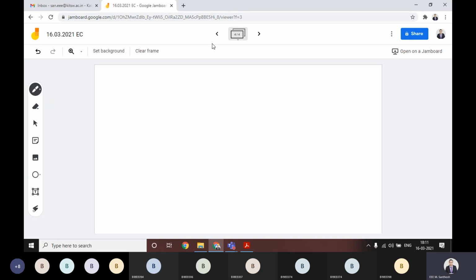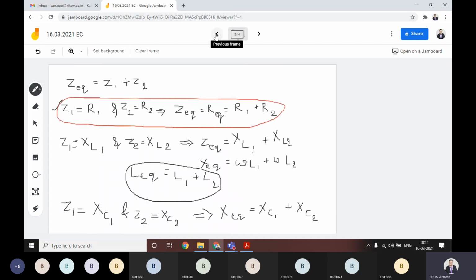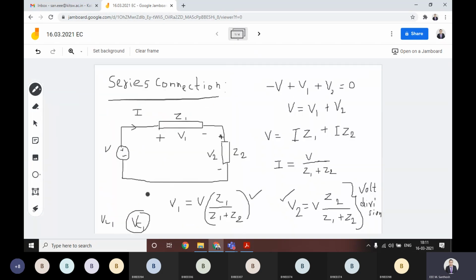In series connection, is current the same or is voltage the same? The takeaway point is this one only. Whenever it is a series connection of an electric circuit, current is always the same. Voltage will vary definitely. That means current is always the same in case of series connection.